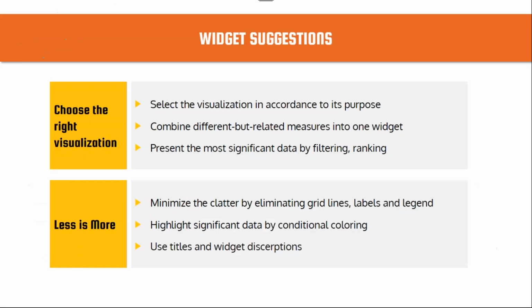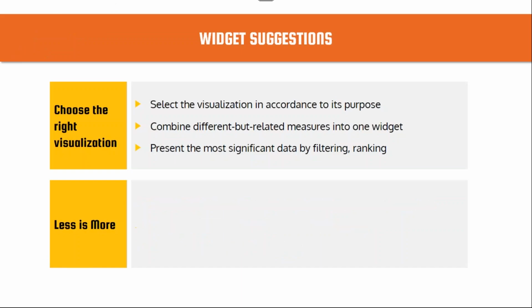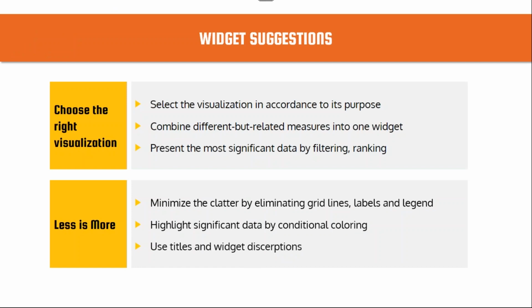Okay, so I'll be just jumping back to our widget level, and I want to talk about the design level within the widget, and then I will demonstrate it in the dashboard.